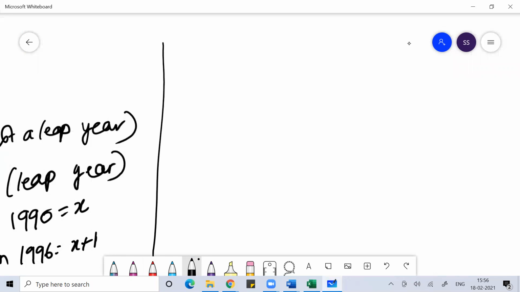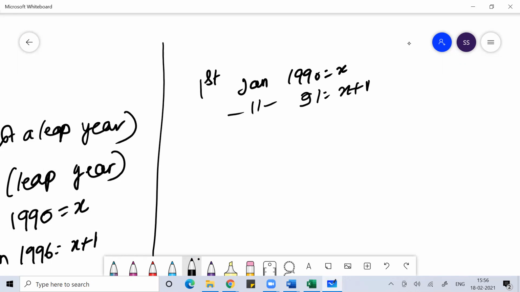For example, suppose 1st January 1990 was X. Then 1st January 1991 will be X plus 1. 1st January 1992 will be X plus 2. Then 1st January 1993 will be X plus 4, because 1992 is a leap year.